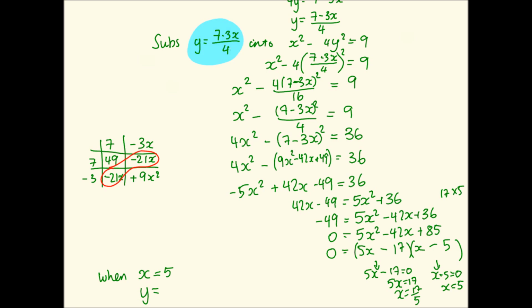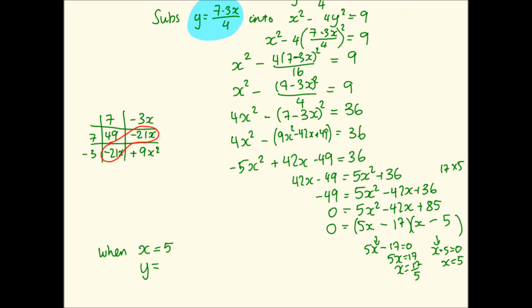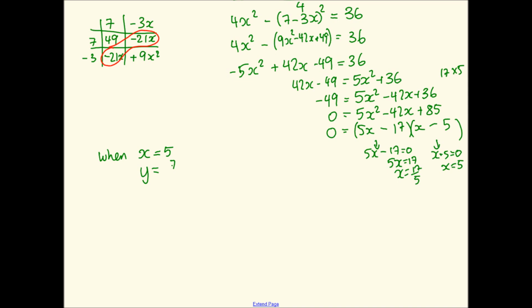Okay, so we know that y is equal to 7 minus 3x all over 4, so that's going to be 7 minus 3 lots of 5 over 4. So 7 minus 15 over 4, which is negative 8 over 4, which is negative 2.